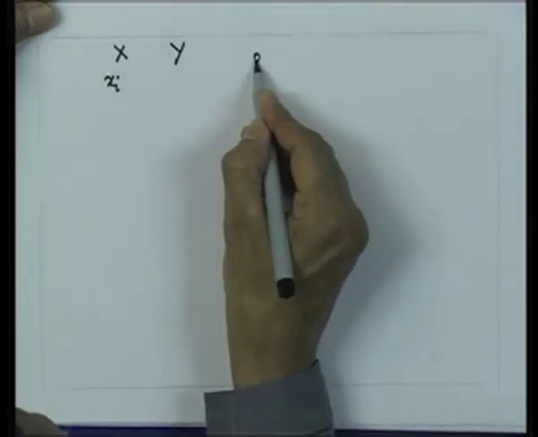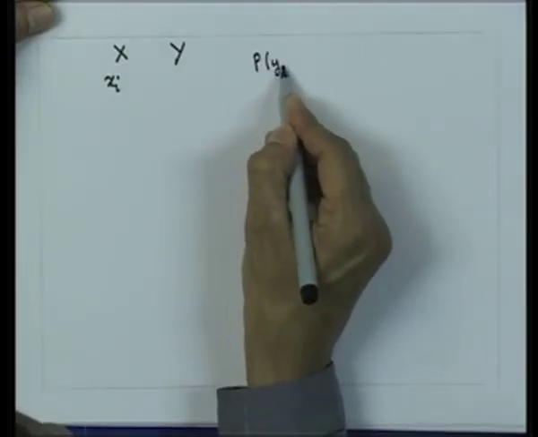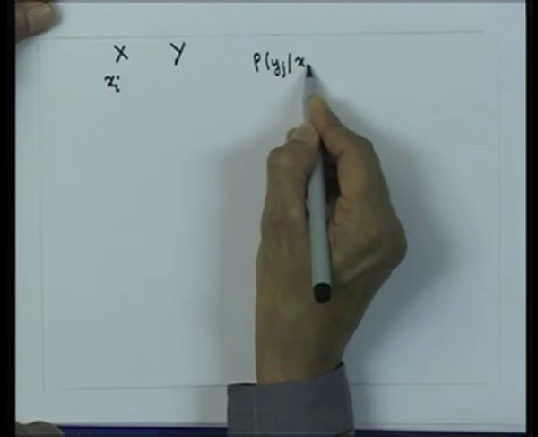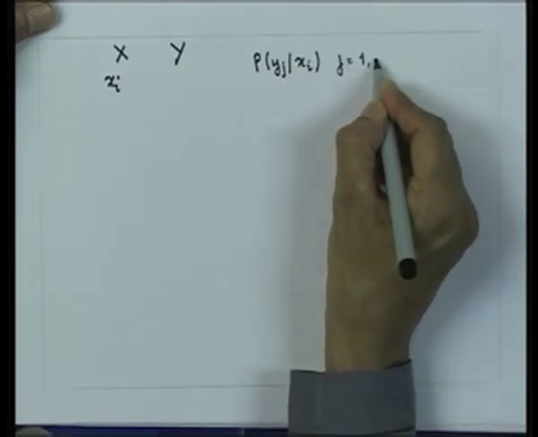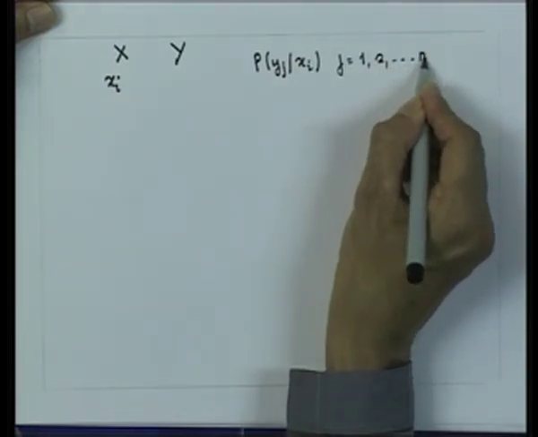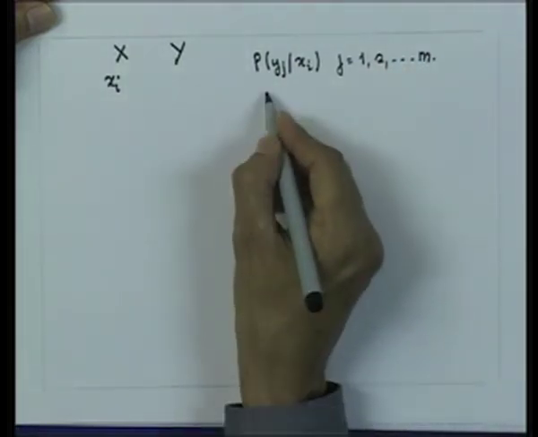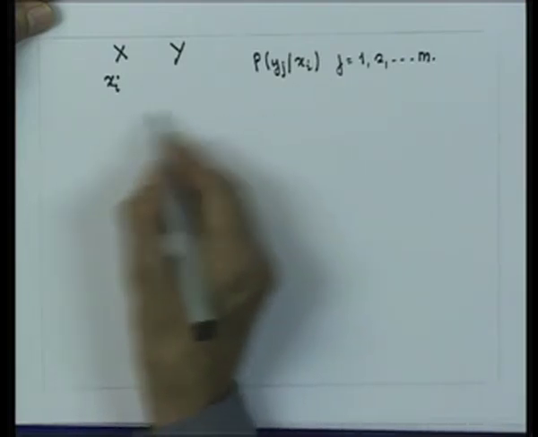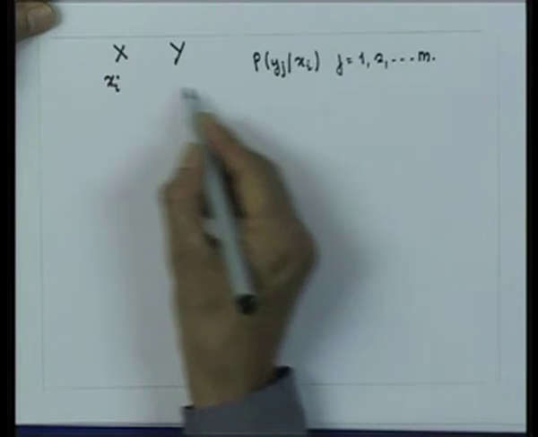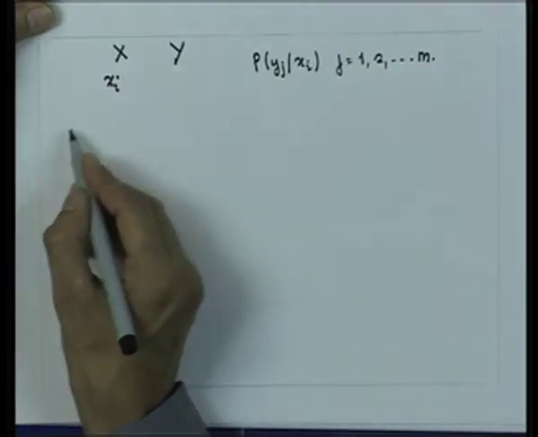Since we have been given conditional probabilities, let us calculate.